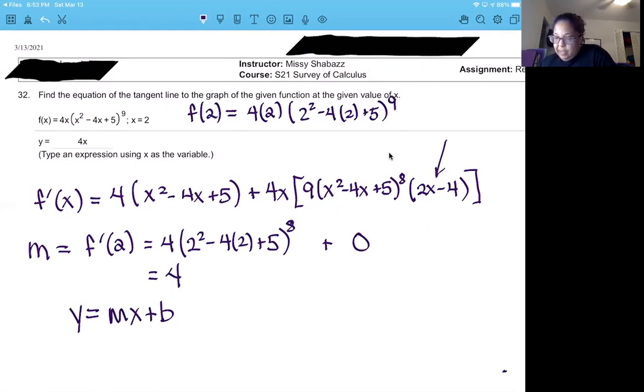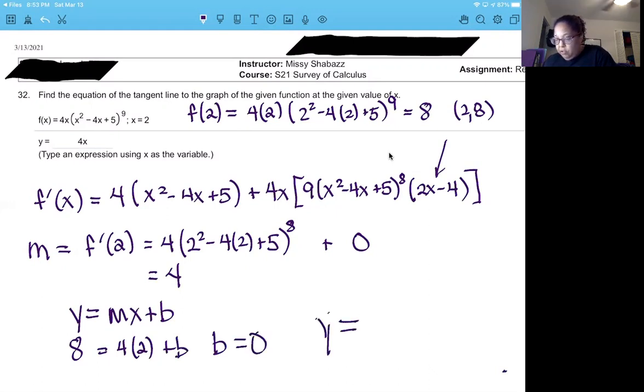And I get a 4 times 2, which is 8, times 1, which is 8. So my point is 2, 8. So if I plug into y equals mx plus b, 8 equals slope, which is 4, times x, which is 2, plus b, which means b is equal to 0. So the equation of my tangent line is y equals 4x.